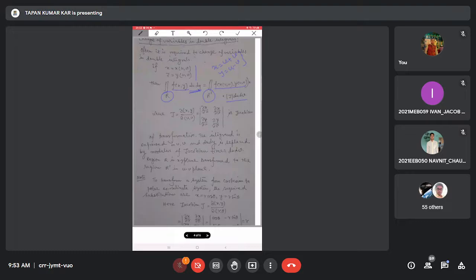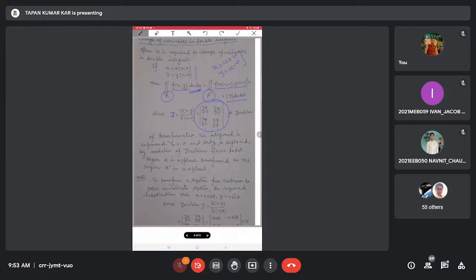And this Jacobian is del x by del u, del x by del v, del y by del u, del y by del v. You have to evaluate this. If its value is negative, then you consider only the positive value. If its value is minus 5, you will take 5, because here it is mod J into du dv.